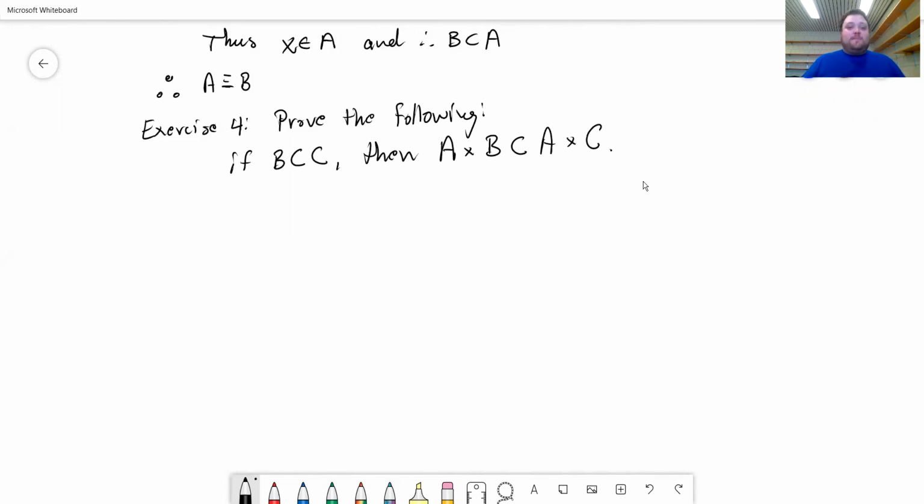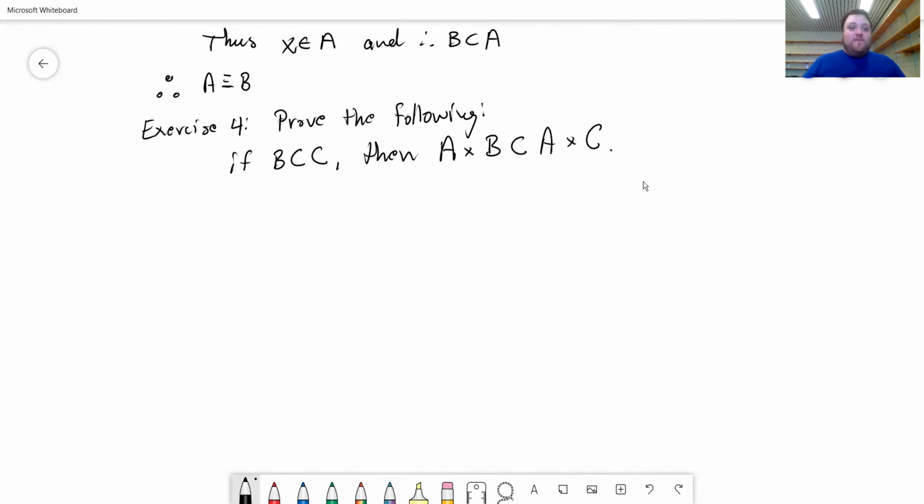B is a subset of C, so everything in B is in C. And that means that every item in A paired with every item in B, that's what cross means, is a subset of every item in A crossed with every item in C.